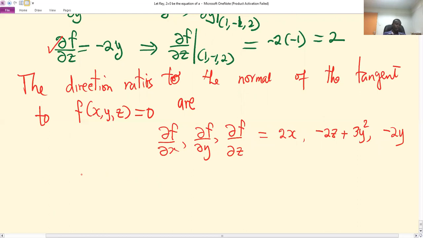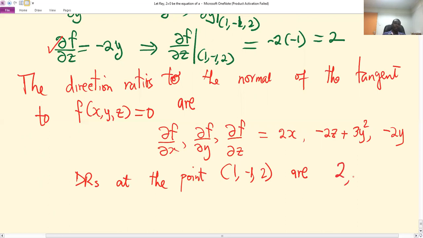So direction ratios at the point 1, minus 1, 2 are, we got the answers to be 2, minus 1, and then 2.